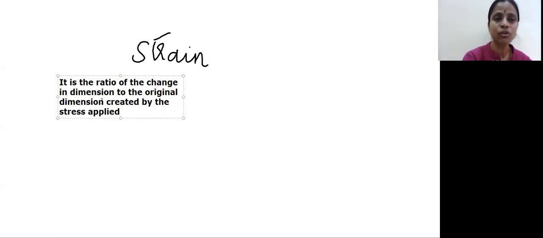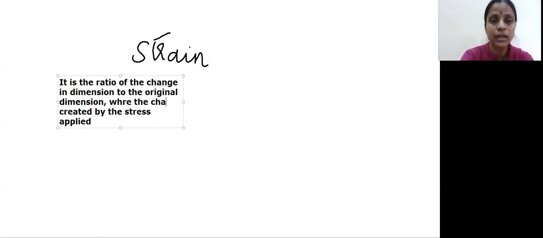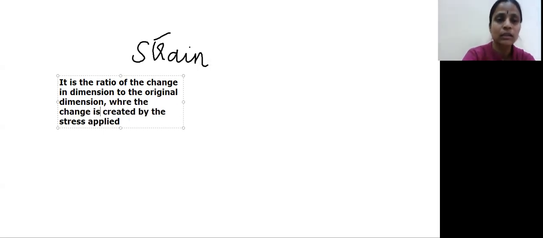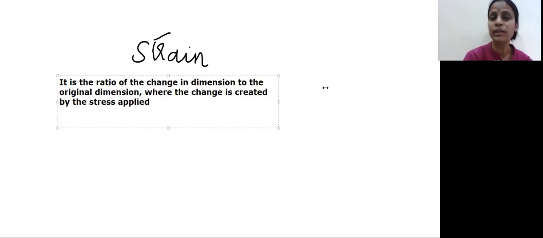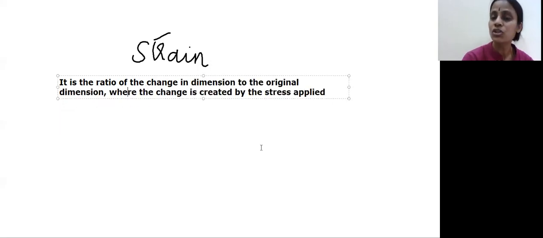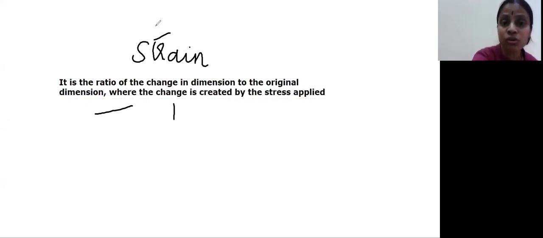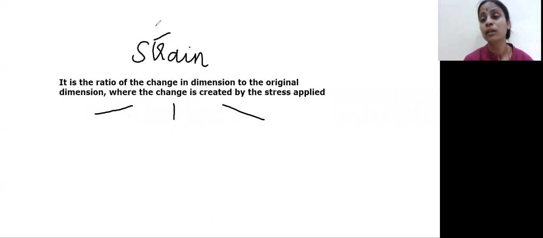Okay, it is a ratio of the change in dimension to the original dimension, where the change is created by the stress applied. That's what is strain. A change by original value is what we call strain. Now this strain, based on the stress applied, is of three types.